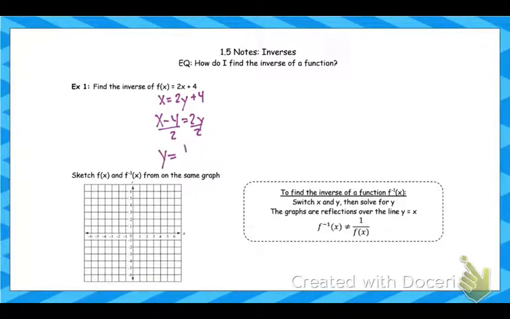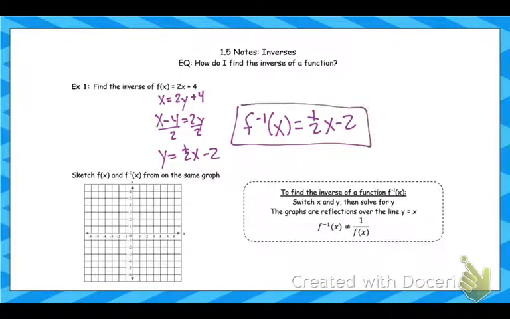I get that y equals 1/2 x minus 2. The notation we're going to use is very similar to what you used for sine inverse and cosine inverse, that f to the little -1. So f inverse of x would be 1/2 x minus 2. All we do is flip our x's and y's.